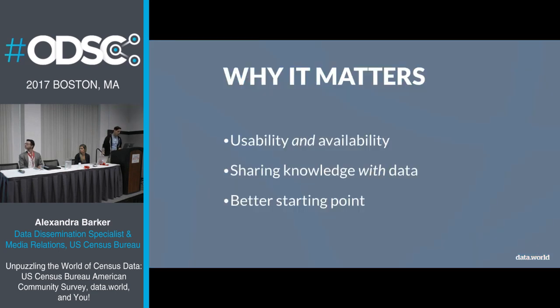And so why does this matter? By using semantic technologies to both model and distribute data, you not only make it more usable, but you make it more available. You can use semantic modeling to put the metadata into the data itself, so you don't have this separation between your CSV and your data dictionary.